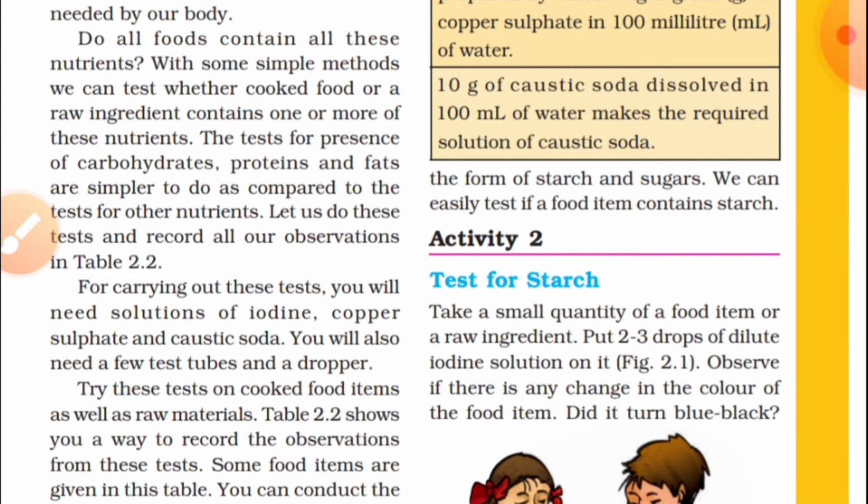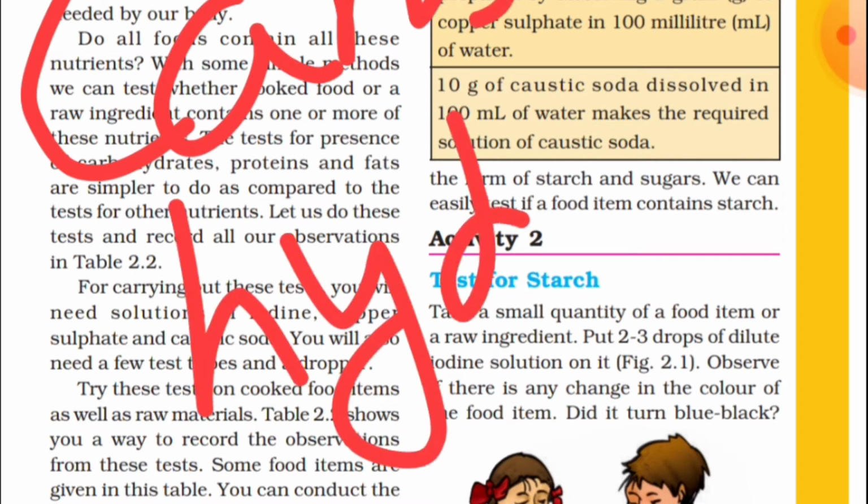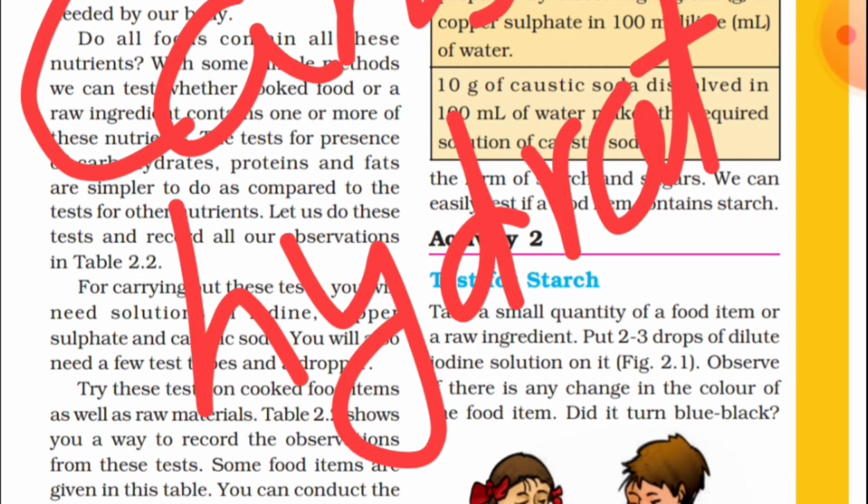So let us begin by testing different food items to see if they contain carbohydrate. The first test is for the presence of carbohydrates, that is the test for starch.